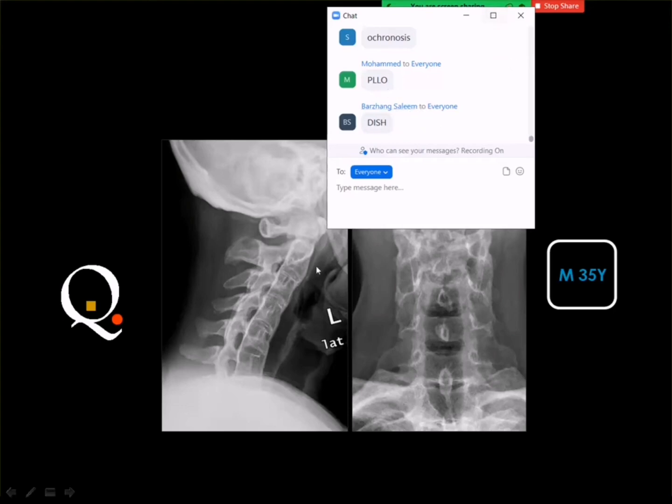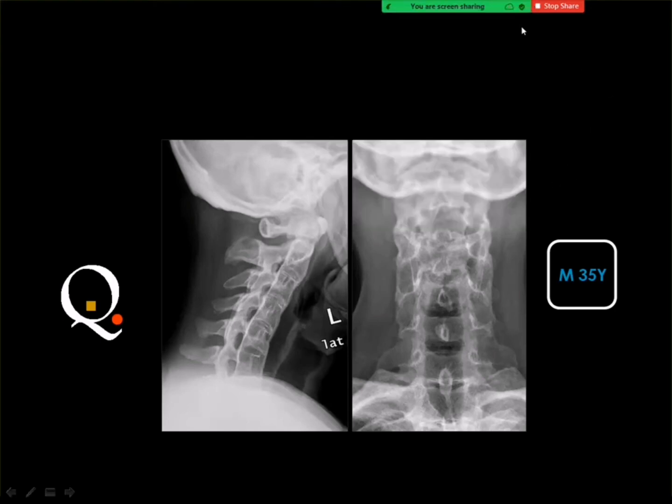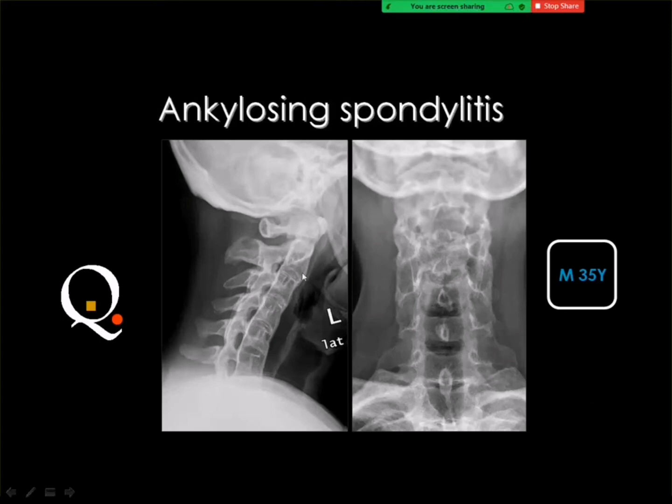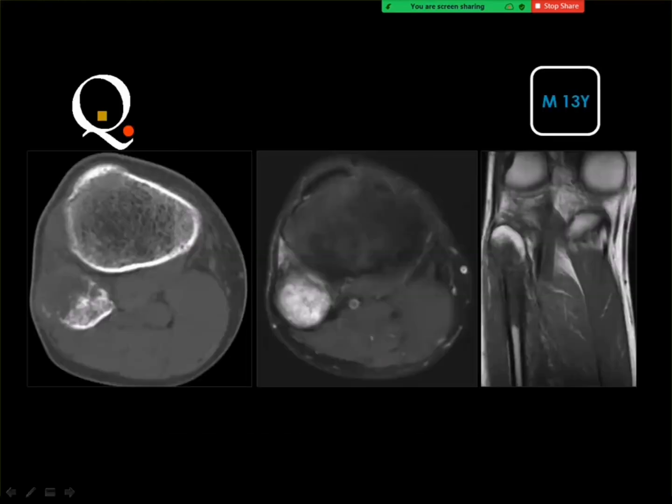DISH means extensive ossification of the ligaments, and this is a simple ankylosing spondylitis of the cervical spine. And you see some calcification of the anterior longitudinal ligament as well as the posterior longitudinal ligament, obliteration of most of the neurocentral joints as well as the facet joints, and these are the classic findings in cases of ankylosing spondylitis.